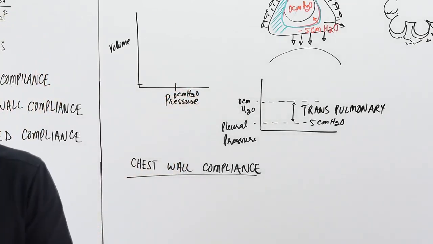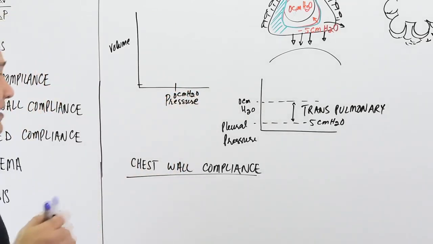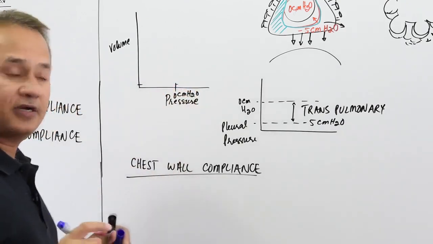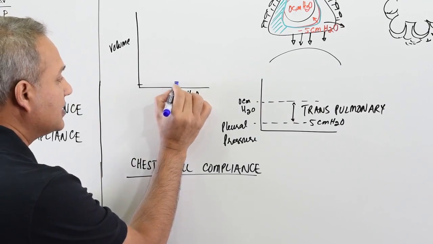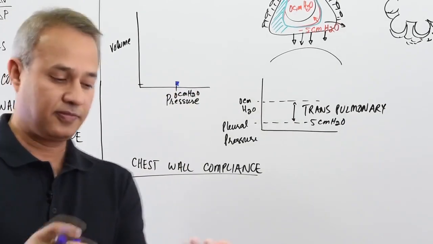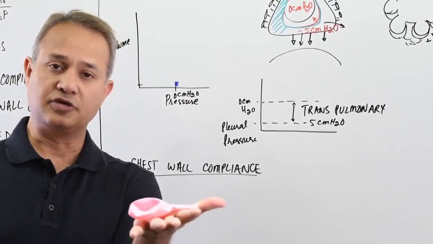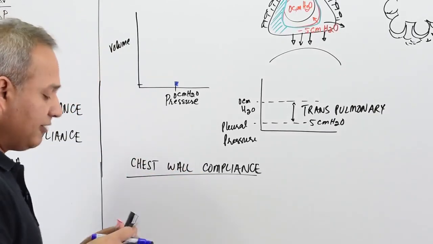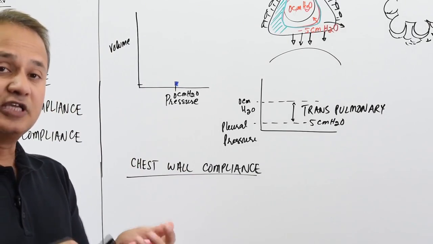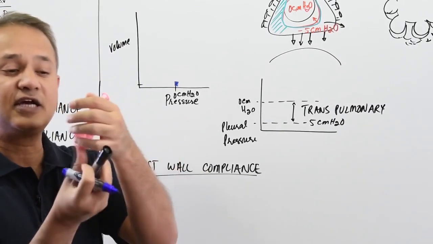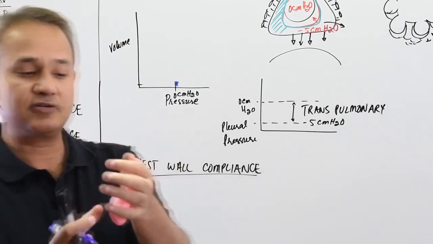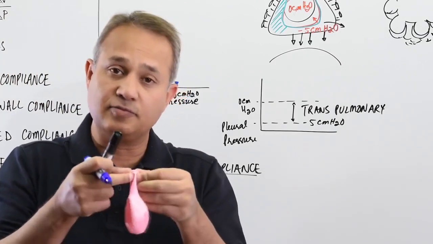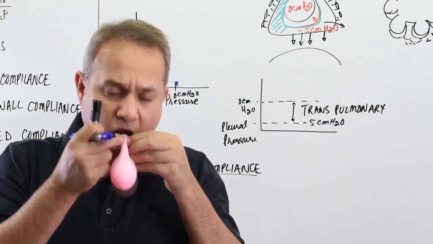So that is the situation of the lung. This point is pressure 0, volume almost 0. Now if we started inflating it, I can't reduce pressure outside of it, so I'm just going to do positive pressure here, and blow into it like that.